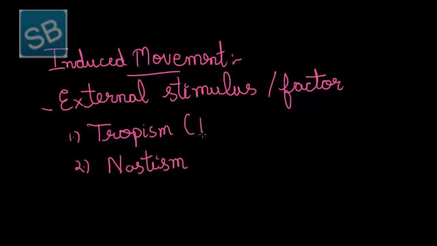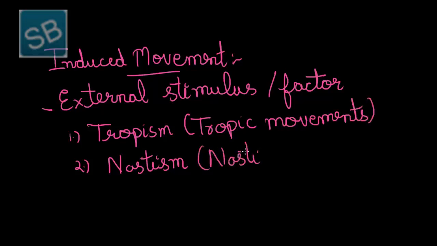Tropism is also known as tropic movements, and nastism is known as nastic movements. Let us first of all begin with tropism or tropic movements. Tropism is a type of induced curvature movement in which the movement of curvature in a plant organ is induced by an external and directional stimulus.